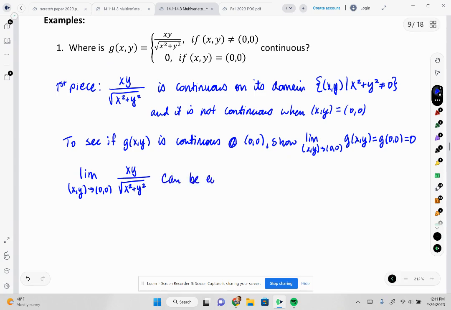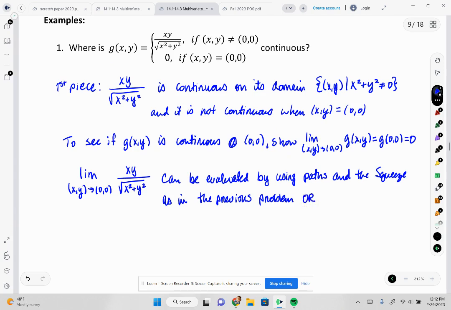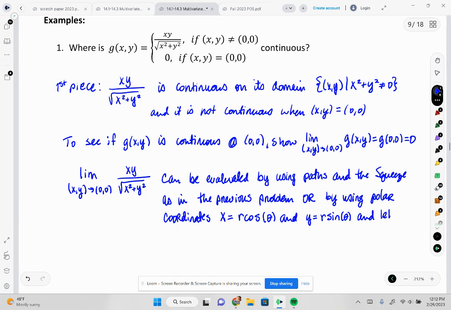So this limit can be evaluated by using paths and the squeeze theorem as in the previous problem, or by using polar coordinates x equals r cosine theta and y equals r sine theta, and letting r, no, I accidentally wrote a vector.